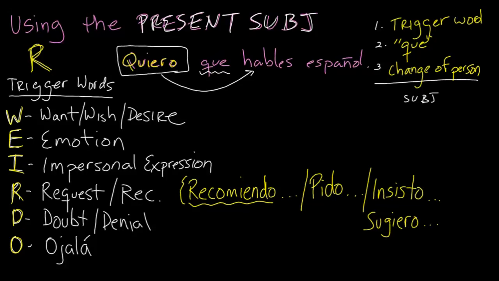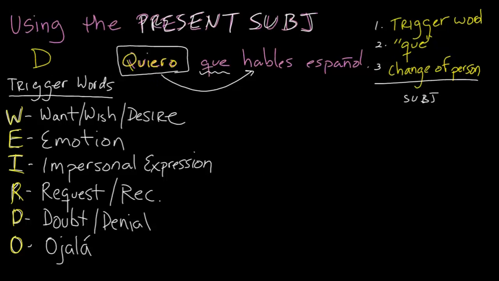And again, I'm putting each of these into the yo form just for simplicity because our trigger word up here is in the yo form. So we could take out quiero que hables español and we could say recomiendo que hables español. And that's a trigger word. Trigger word, K, change of person, D, doubt or denial for our trigger word. So we're trying to think about what are other words instead of quiero that we can put in here.